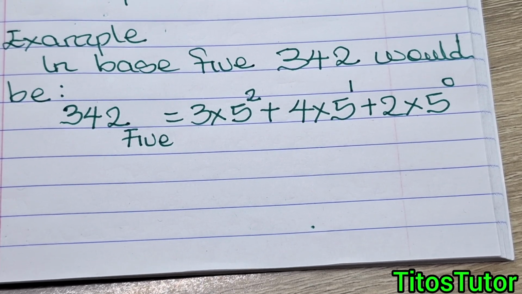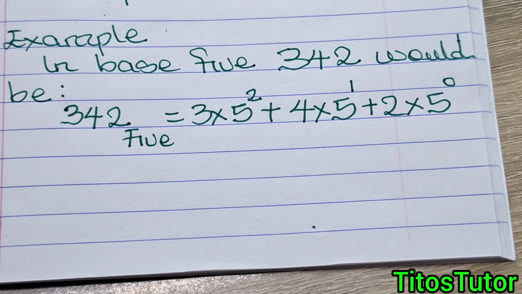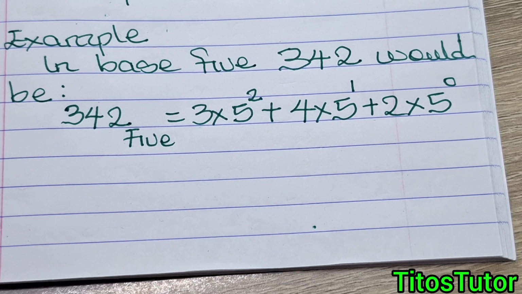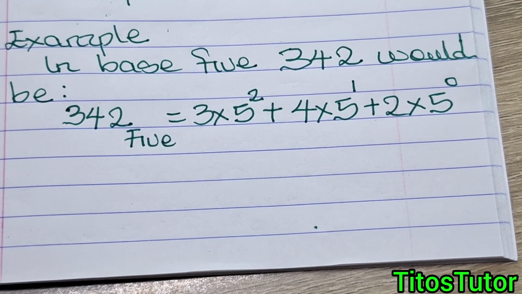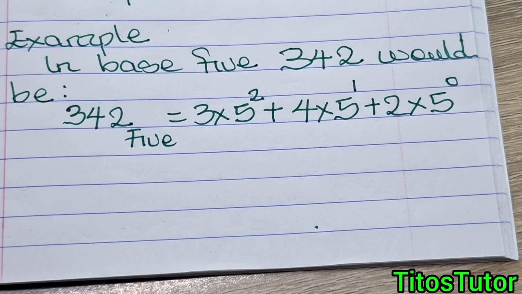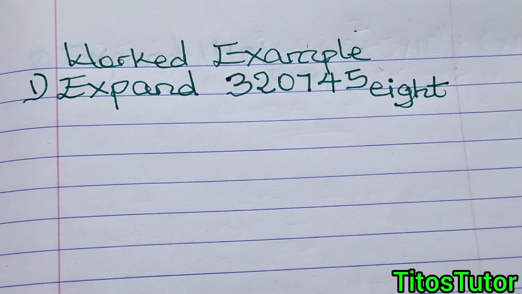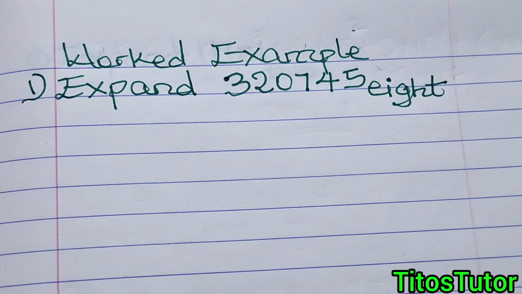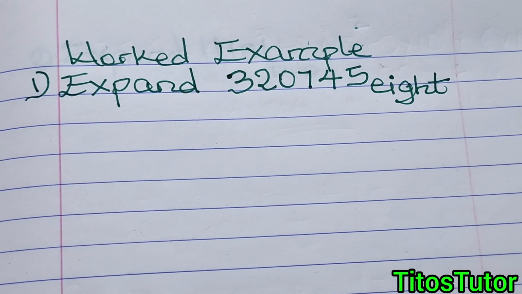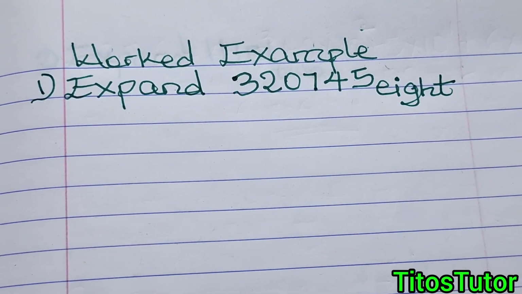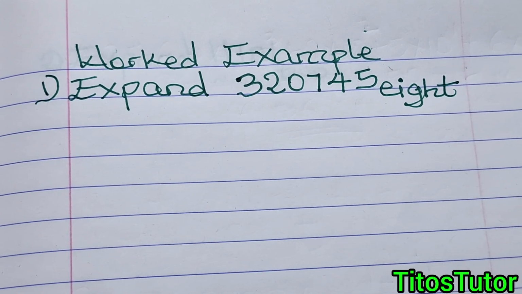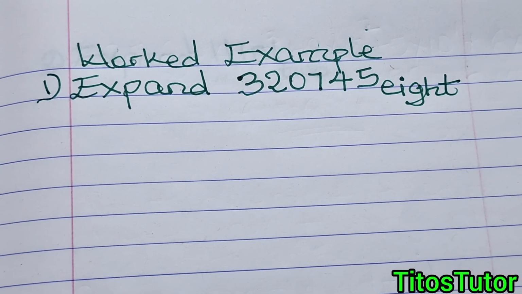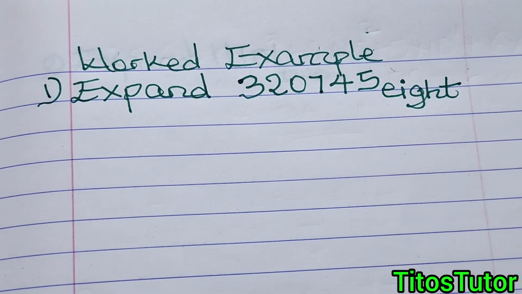I have expanded that number in the power of 5 because the number is originally in base 5. Now we're going to take 3 worked examples on just expanding. This video is actually to introduce you to numbers that are in other bases.